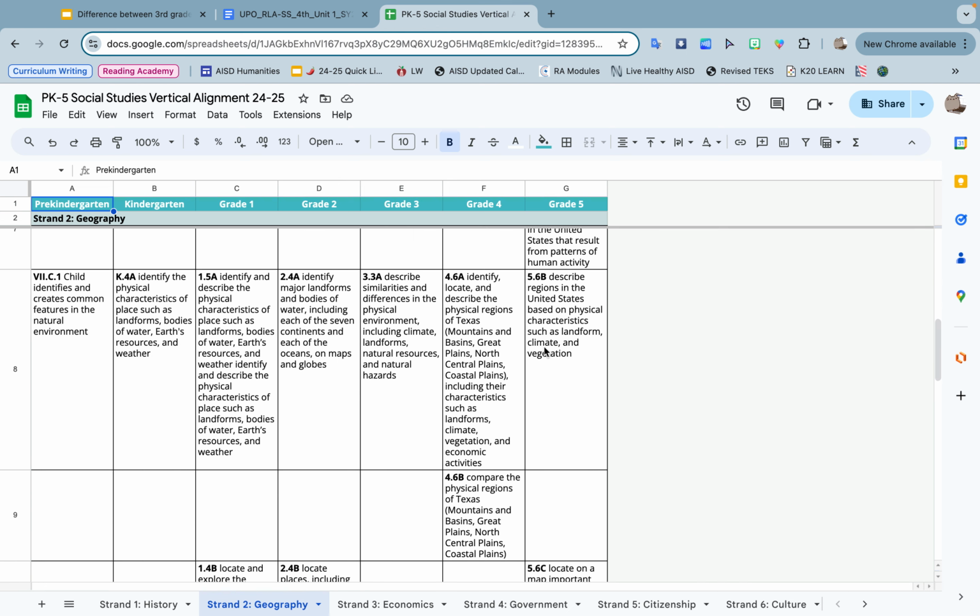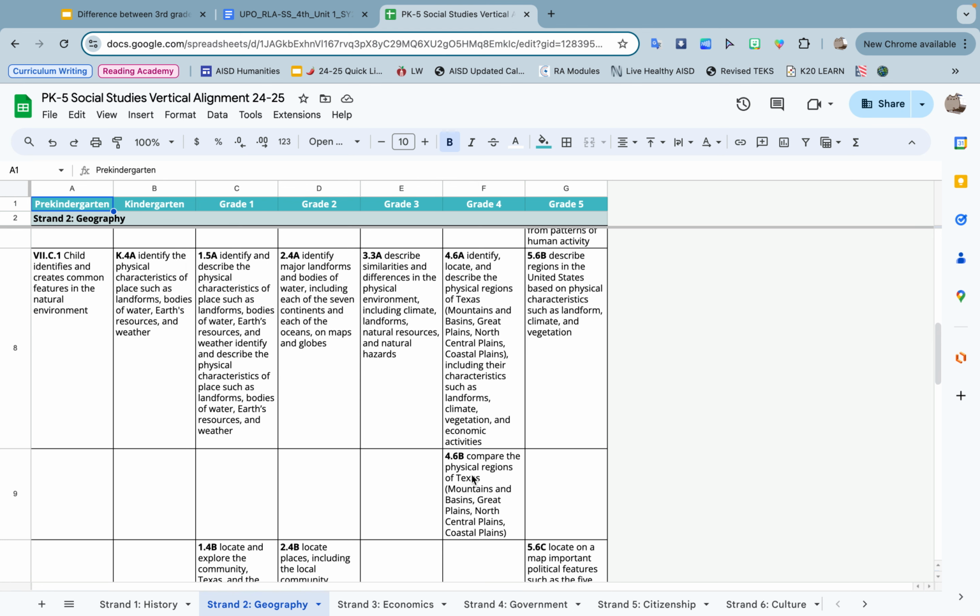So if students are receiving social studies instruction every year, as they're supposed to by law, then we would look here at 4th grade is identifying, locating, and describing the physical regions of Texas. I think I remember seeing something about that in the learning goals and the essential questions, and comparing those physical regions.